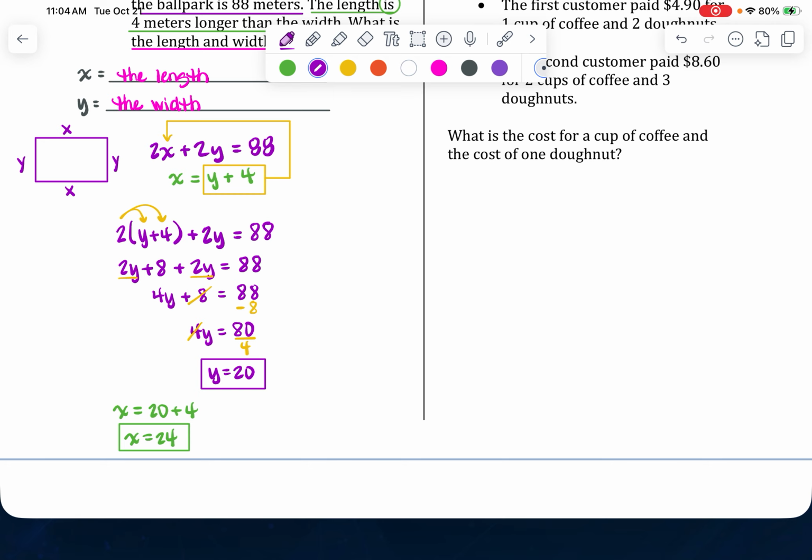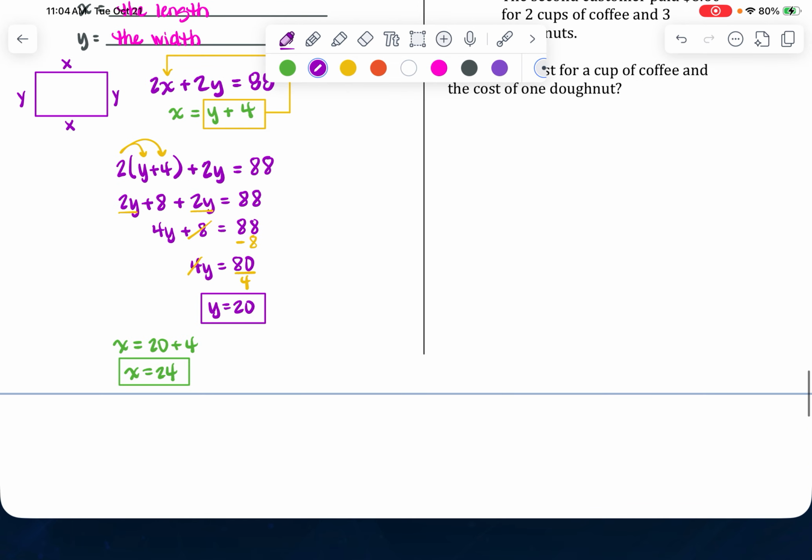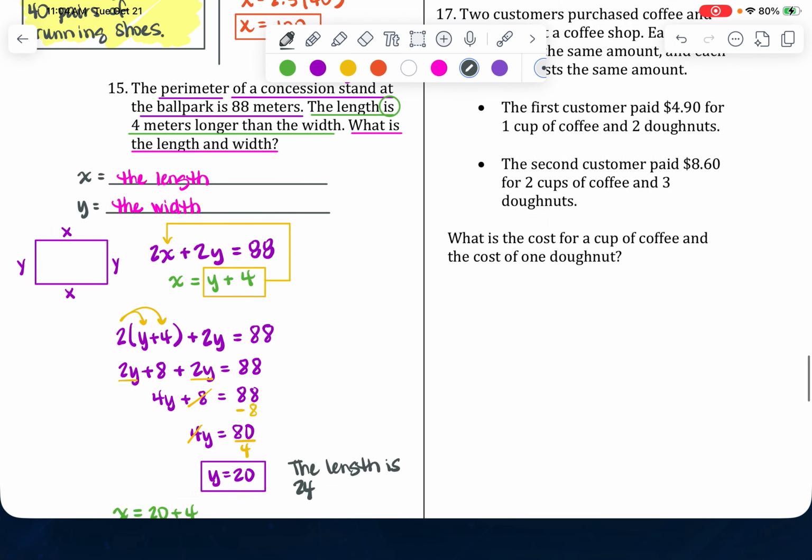And if I add them up, 20 plus 24 is 44, but there's 2 lengths and 2 widths. So 44 times 2 does give me 88, so my perimeter would be 88. So yay. Then I'm just going to write my final answer. The length is 24 what? Meters.